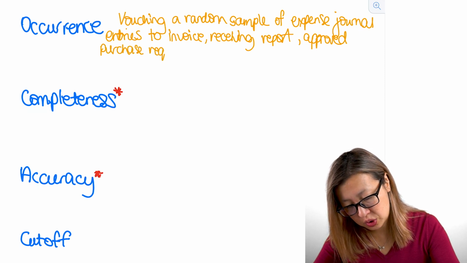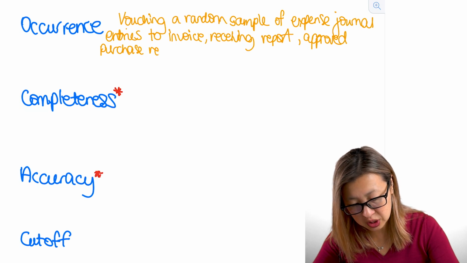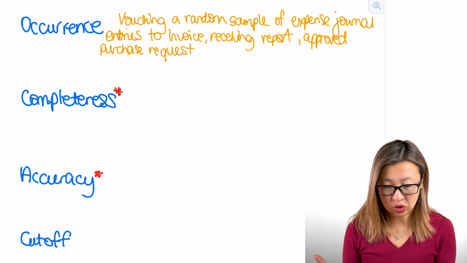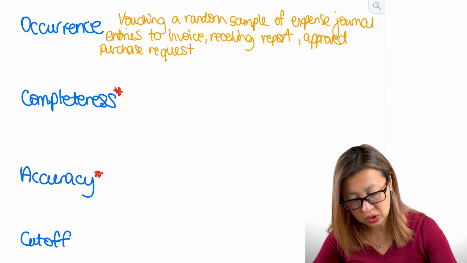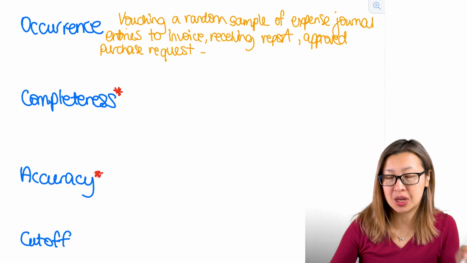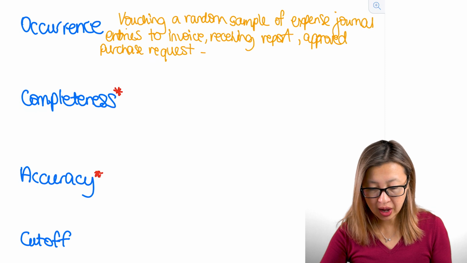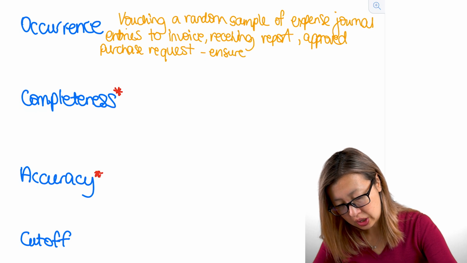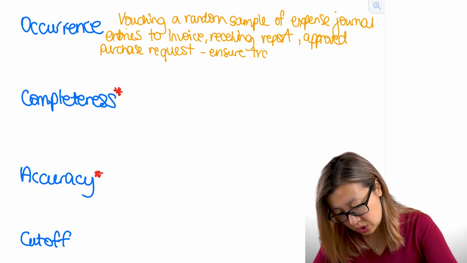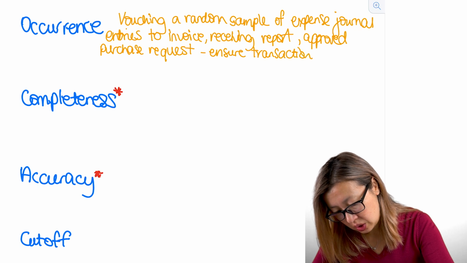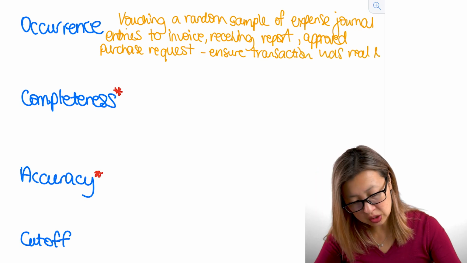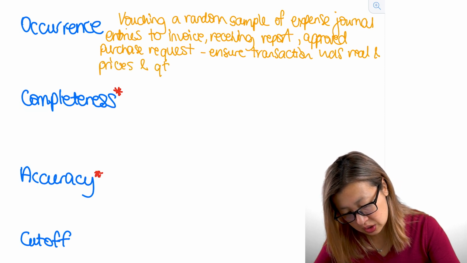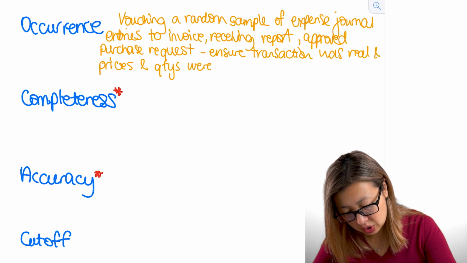All right, so I've talked about the actual procedure I want to do. I'm vouching. I've talked about my sample. I'm going to use a random sample of the journal entries, and I'm going back to check those items. So in looking at those documents, I need to be also a bit more specific. So I'm going to vouch to those items, ensure the transaction was real and prices and quantities were accurate.